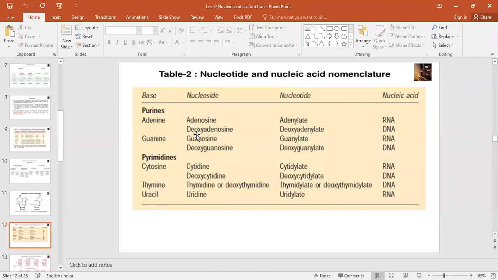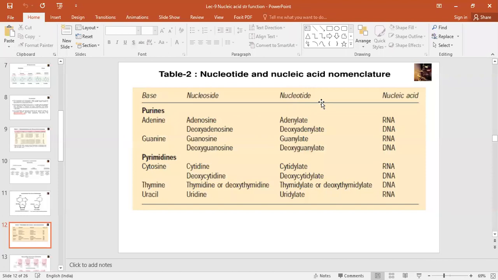Nucleoside nomenclature we already saw: adenosine, deoxyadenosine, guanosine, deoxyguanosine. In the case of the nucleotide, if you attach the phosphate group, then it is pronounced as adenylate. At the end, 'late' is attached, meaning the phosphate group is there.